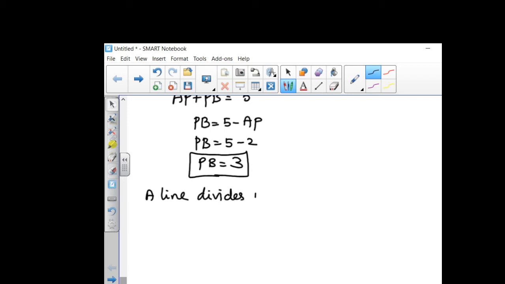A line divides internally in the ratio m is to n. Here, what is m? m is to n is equal to 2:3.